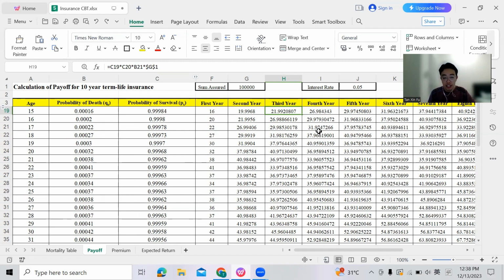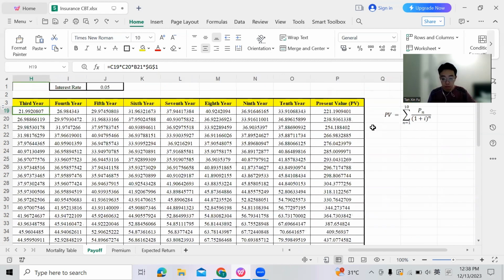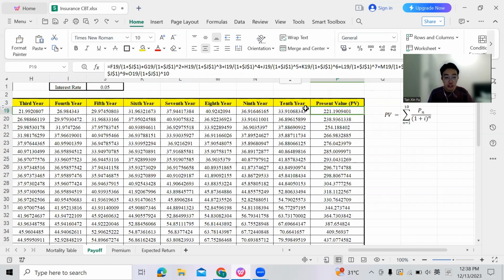After calculating all payoffs of each year and each age, we need to discount them with the interest rate to calculate the present value at the date of policyholder purchase.